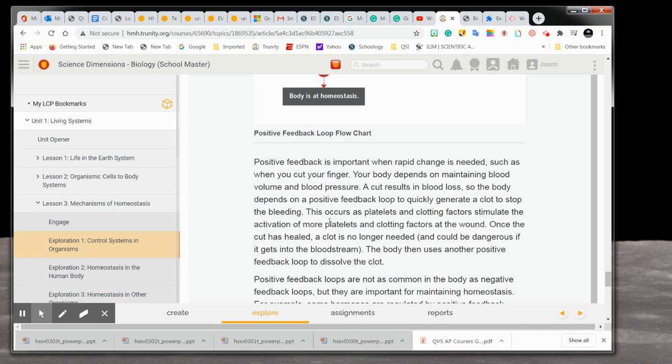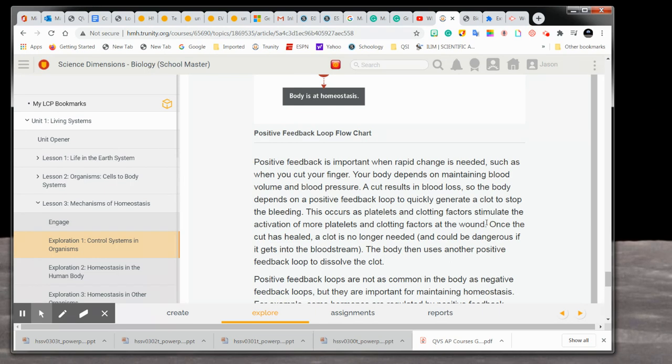Okay, so remember about platelets. You have platelets in your blood. This occurs as the platelets and clotting factors stimulate the activation of more platelets and clotting factors at the wound site. So in other words, once you get a cut and detect a loss of blood pressure, the signal is sent to release more platelets.